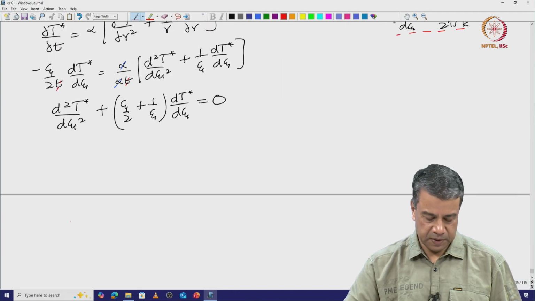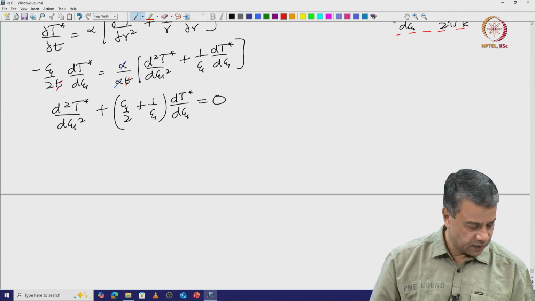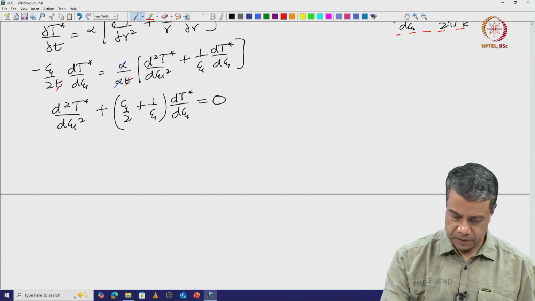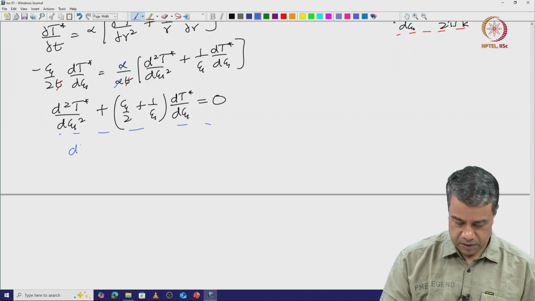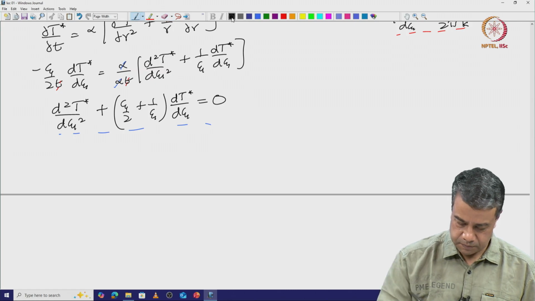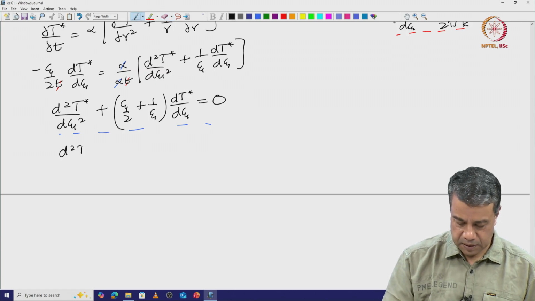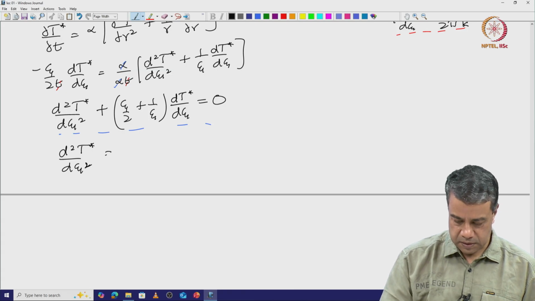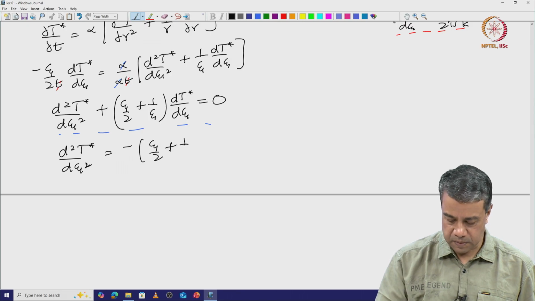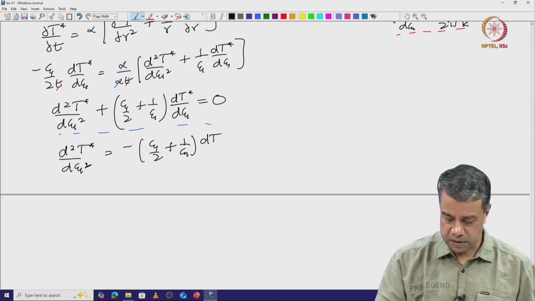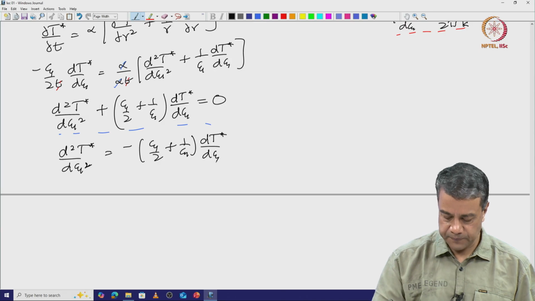So, this equation can be solved: d square T star by d psi square is equal to minus of psi by 2 plus 1 by psi dT star by d psi.